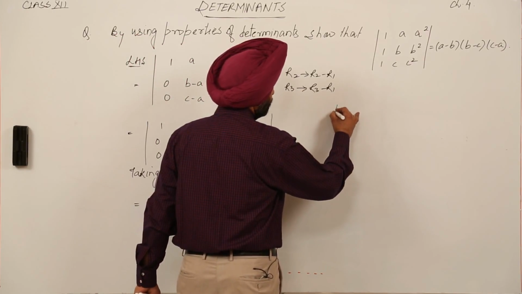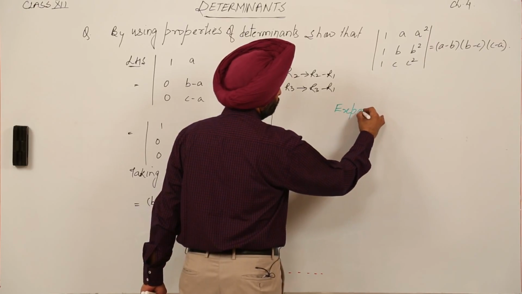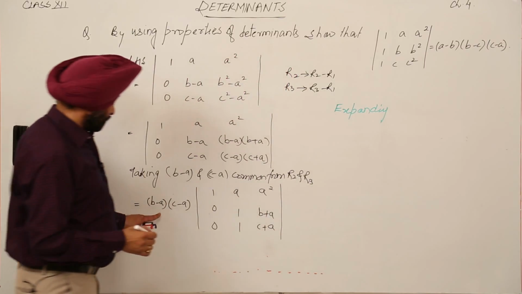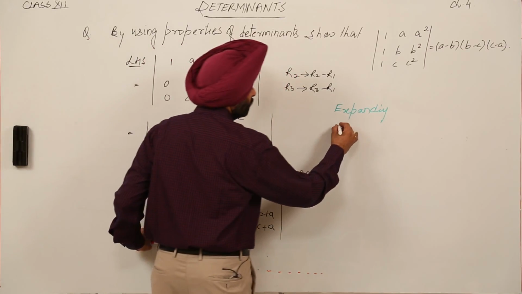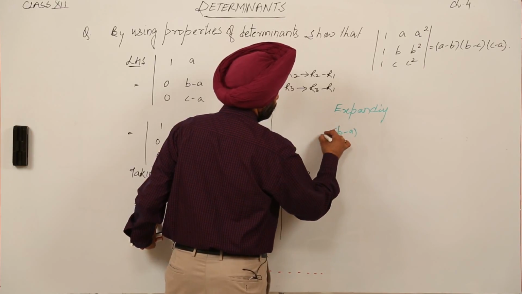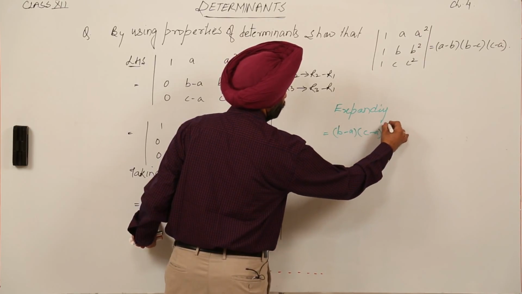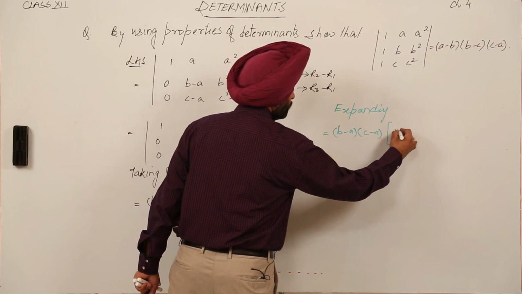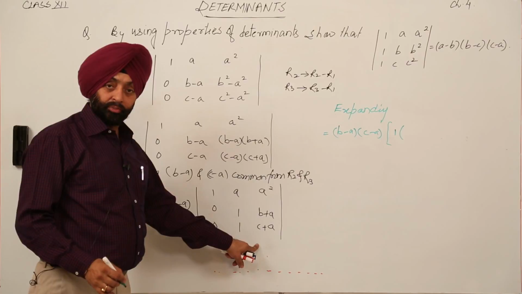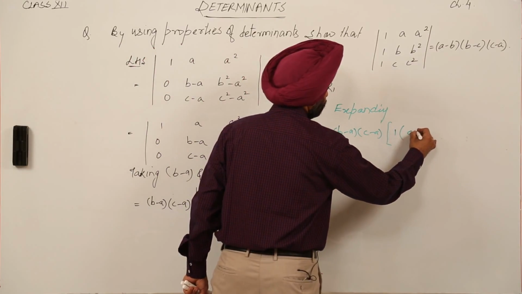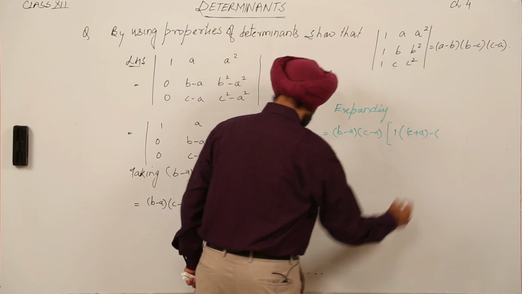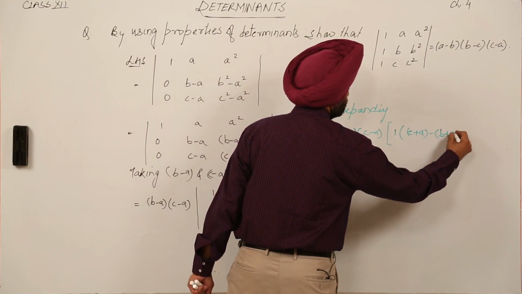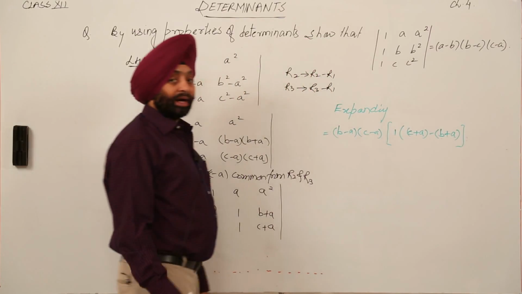Now expanding, we are getting b minus a, c minus a, with 1 into c plus a minus 1 into b plus a, that is c plus a minus b plus a. And the rest of the part will be 0.